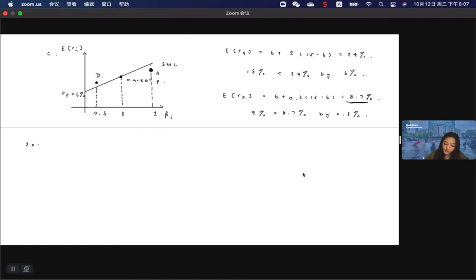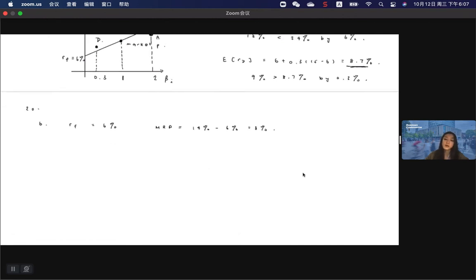Part B gives you the two pieces of information that we need. The risk-free rate is 6%, and the market risk premium is market 14% minus 6%, that is 8%. Now we can evaluate which investor is better. The alpha for investor 1 would be the 19% return that he or she made, minus the return predicted by CAPM, which is 6% plus 1.5 times 8%.